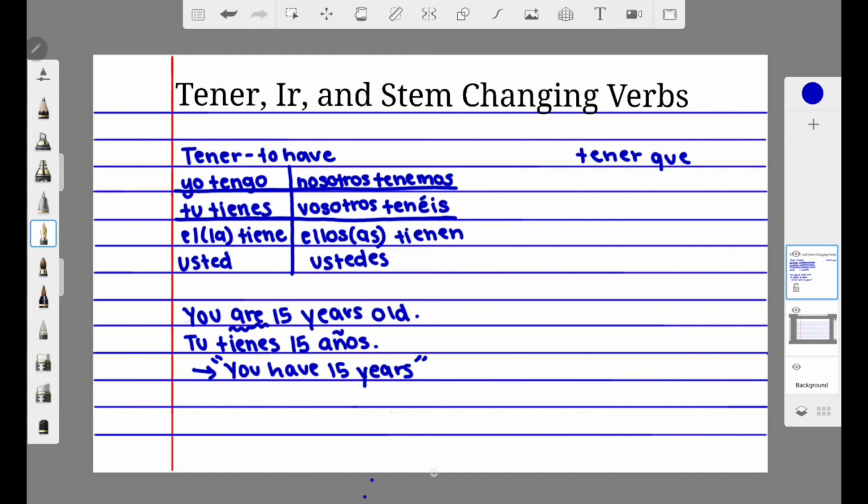Another thing regarding the verb tener, you can also use tener que. This means to have to. And it's kind of the same idea. This is more like if you want to say, for example, I have to write a book.